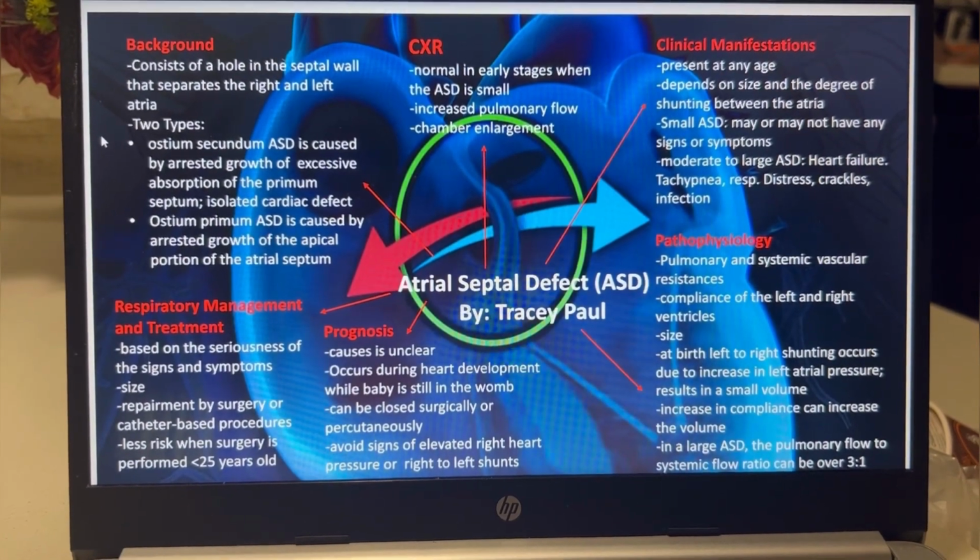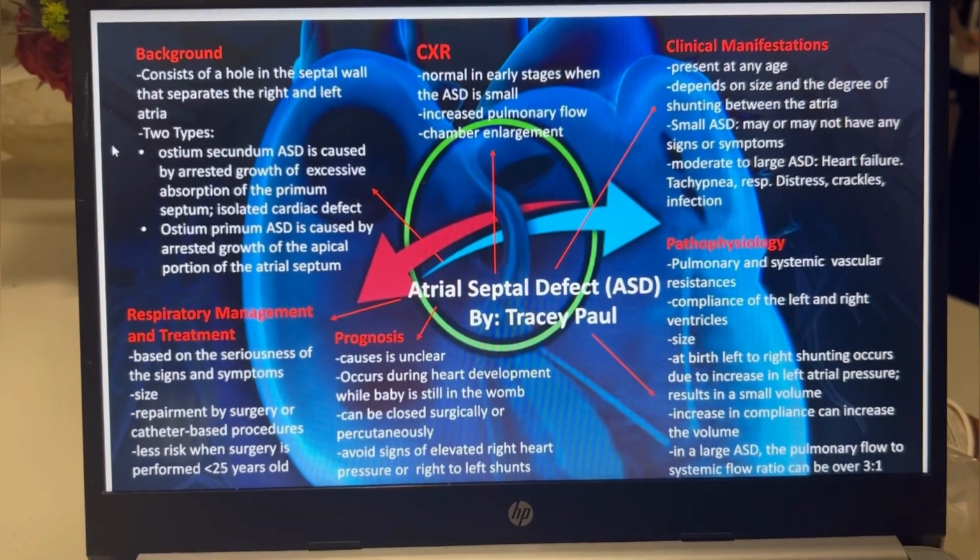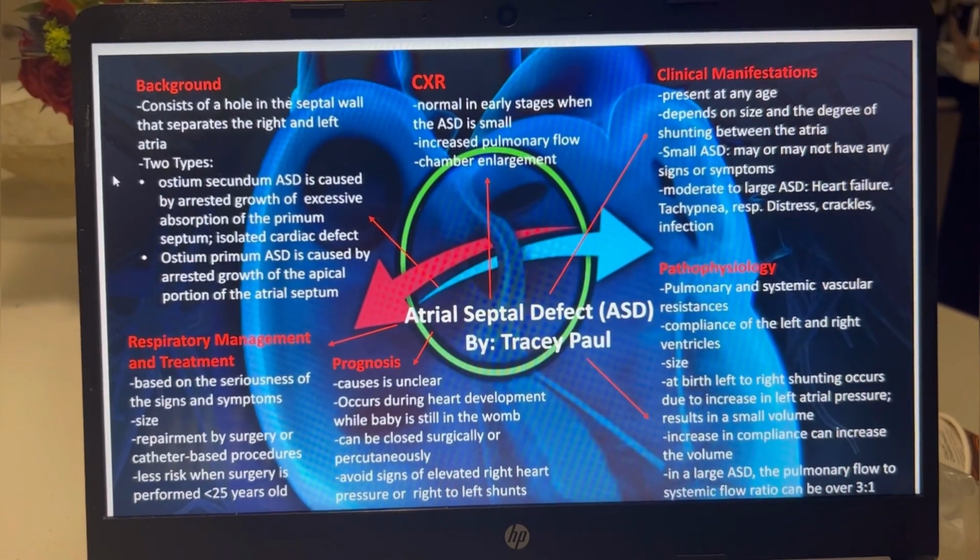I did my mind map topic super early, so it was easier to find an article. My article goes more in depth on pretty much the same topics, like your pathophysiology, your treatments, the different diagnoses, and your complications, like I stated, the atrial dysrhythmias, right-sided congestive heart failure, and any stroke-related issues.